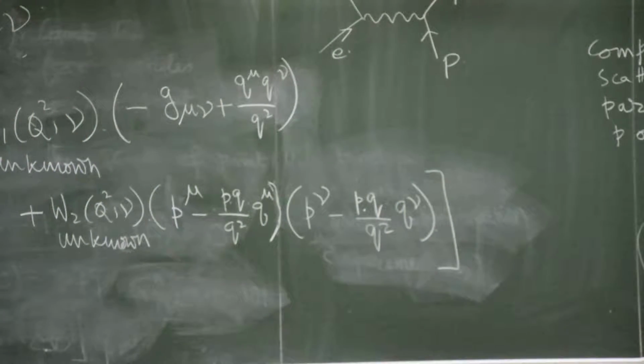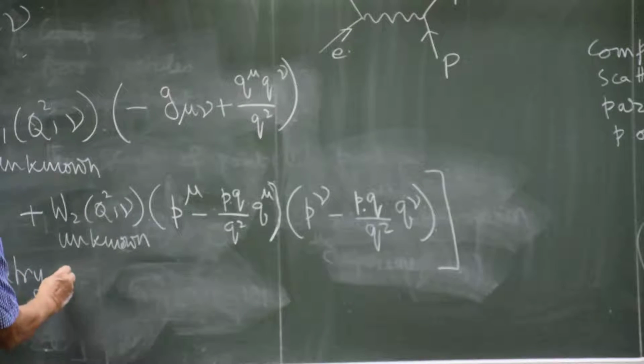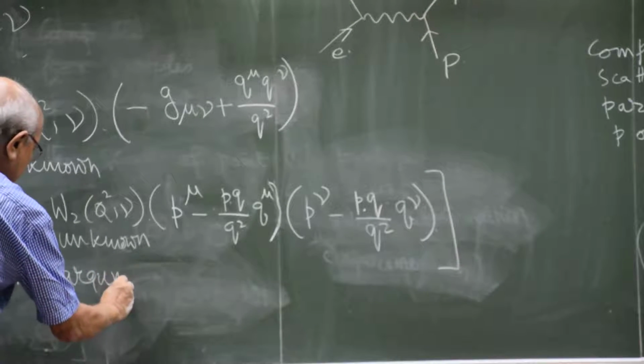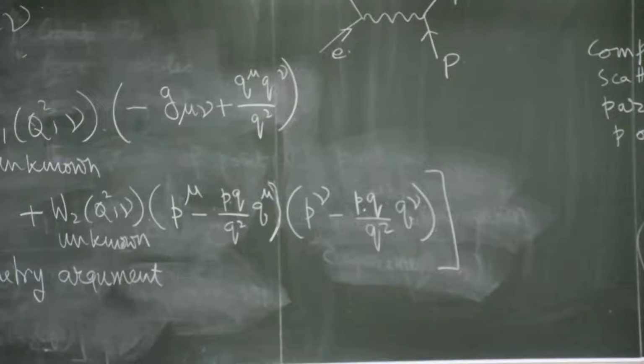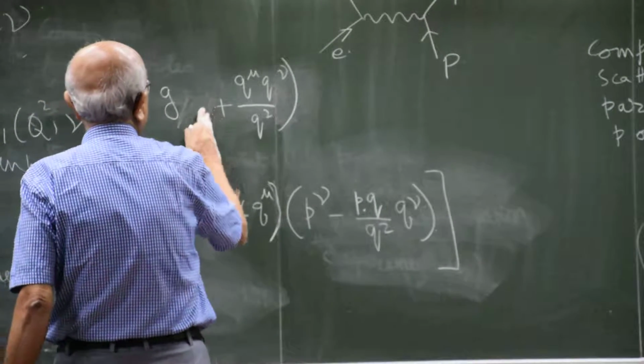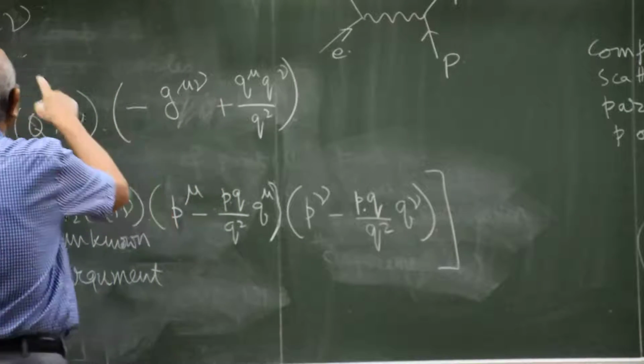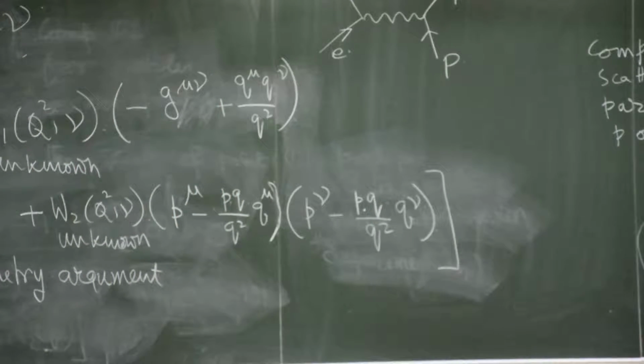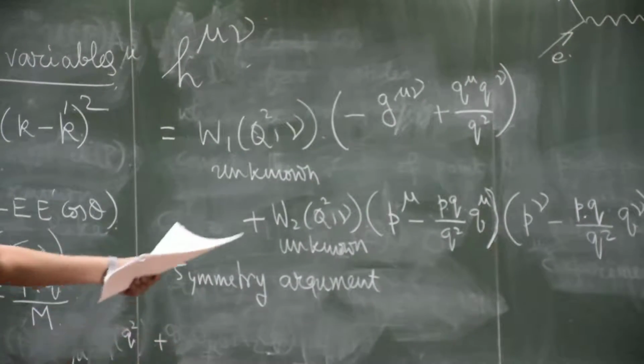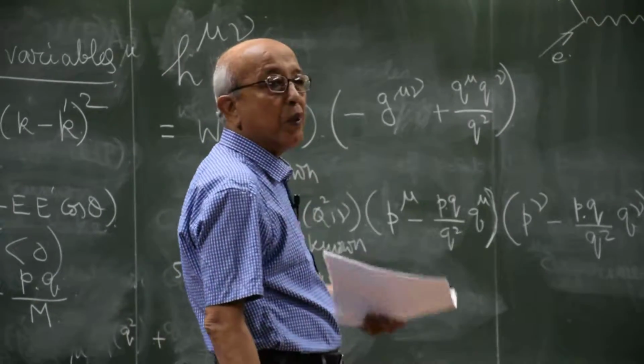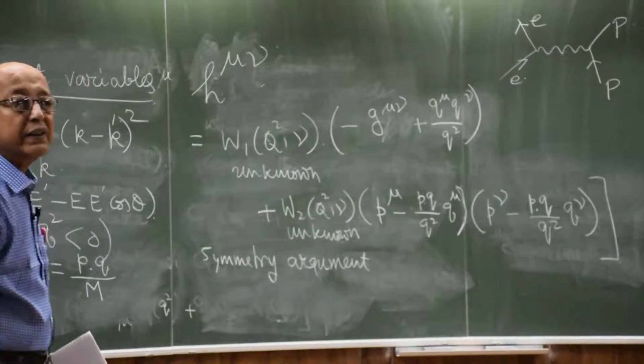How do I arrive at this form? A lot of symmetry arguments went into it. Our main task is to construct a second rank tensor from the available quantities, which are the four momentum of the proton and the momentum transfer in the electron.